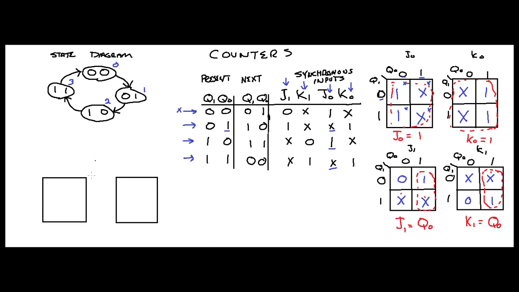Now, let's start filling them in, right? Here's your J, here's your K, here's your J, here's your K. Didn't draw that too well, right? Now we're going to call this one 0. Let me draw that in blue for you. This is flip-flop 0, and this will be flip-flop 1, okay?